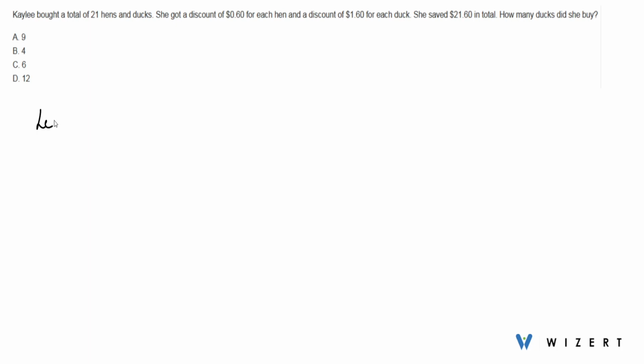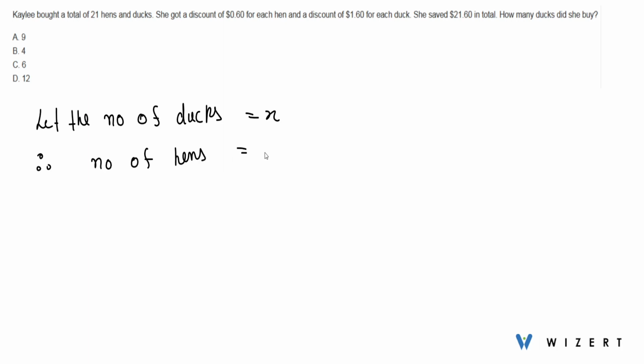So let the number of ducks equal x. Therefore, the number of hens will be equal to 21 minus x.